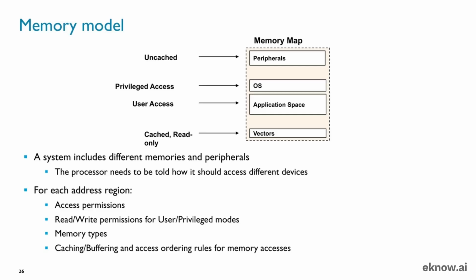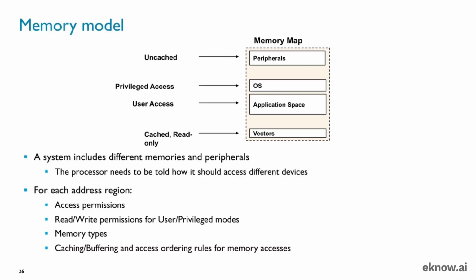To prevent this, the OS memory region is marked for privileged access. Only the processor, when it's running in a special, trusted mode, like supervisor mode, can access this memory. Regular applications run in user access mode and are confined to their own application space, where they can't interfere with the OS or other applications.